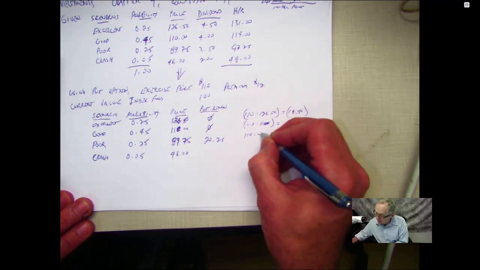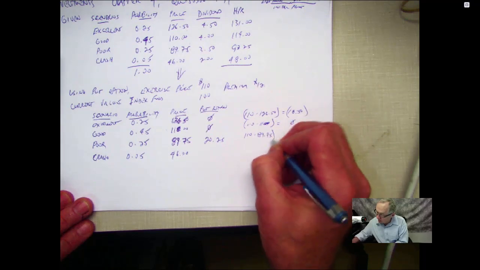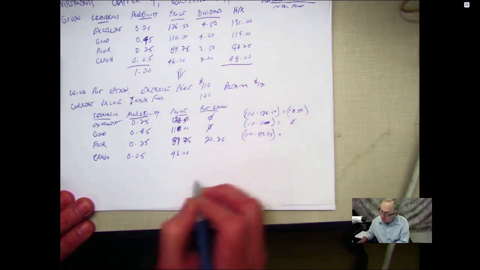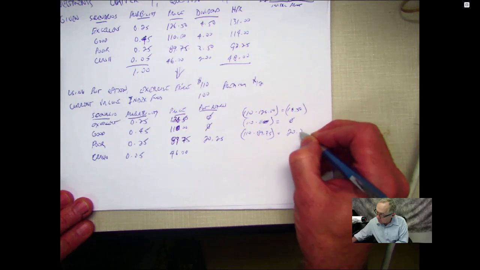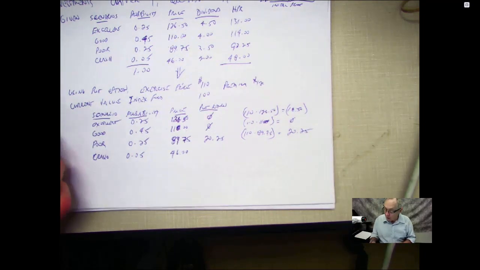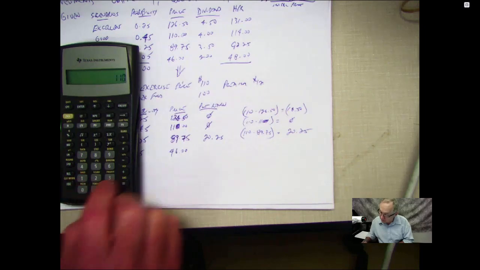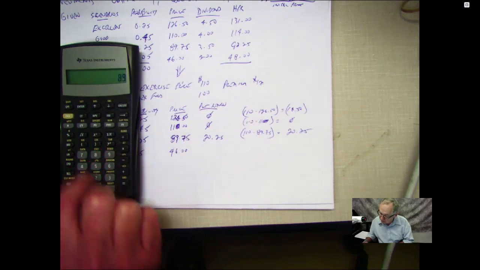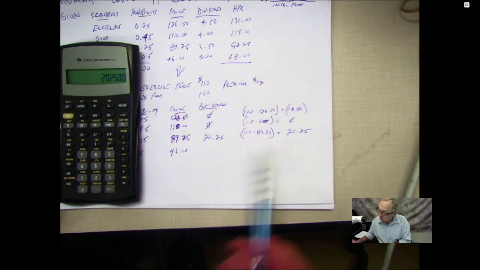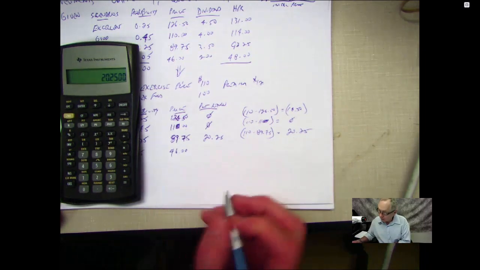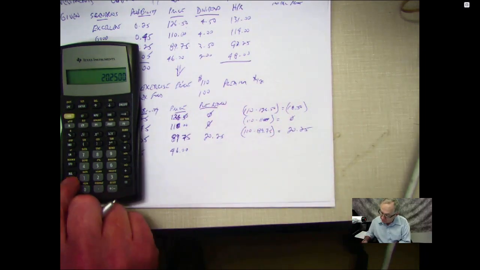110 minus 89.75 is in the money, and this gives us $20.25 from the option price. Oops. 110 minus 89.75, $20.25 return off the put option.